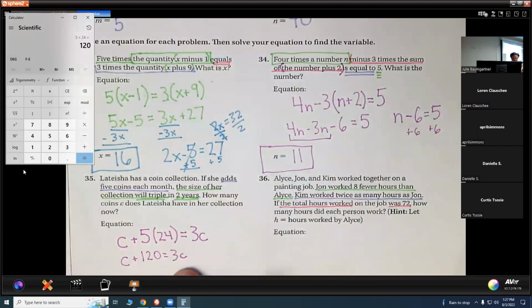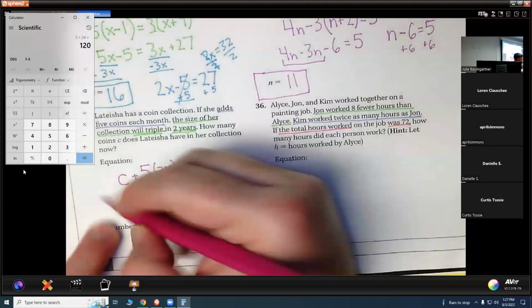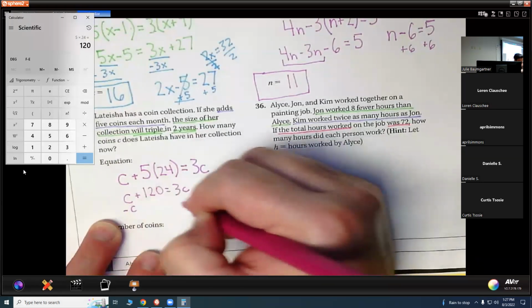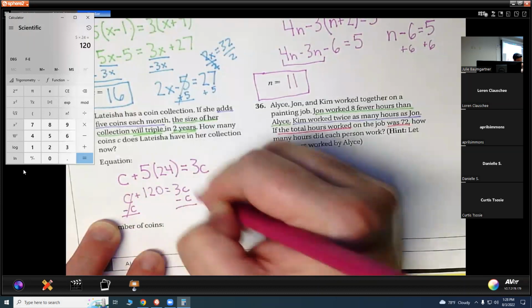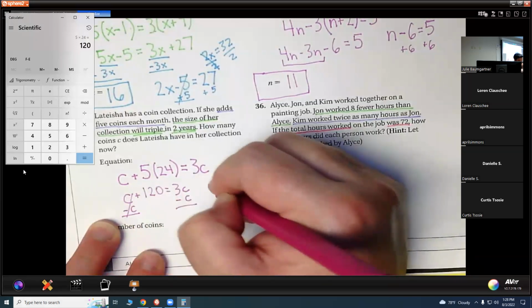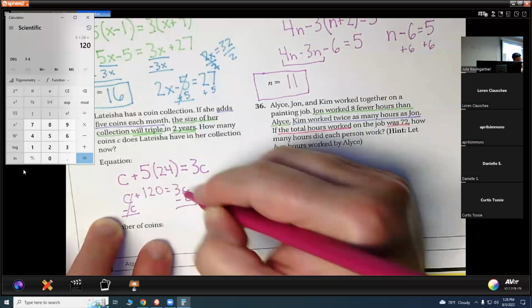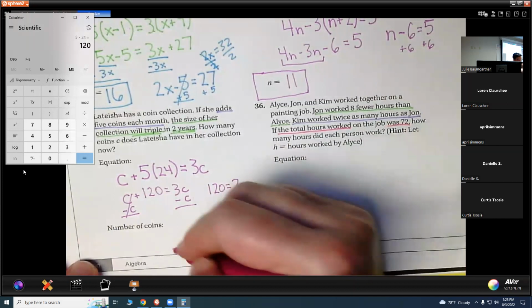I've got like terms on either side of my equal sign, so I need to combine those. C is smaller than 3C, so I should subtract the C off of both sides. So then I have 120 equals 2C, 3C minus 1C. So it looks like C equals 60.